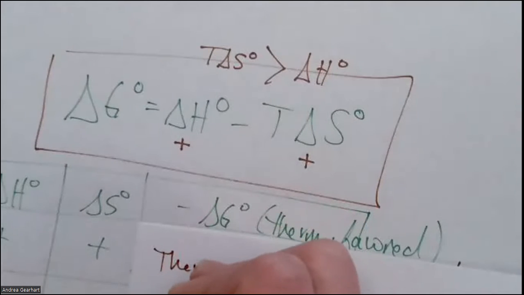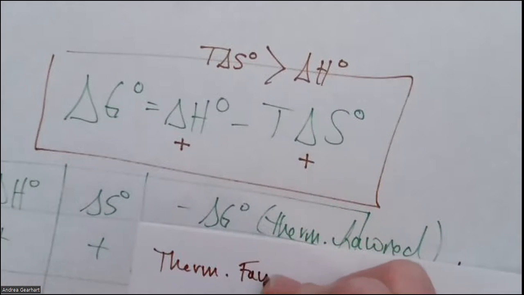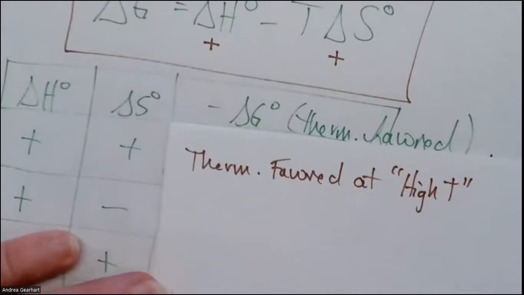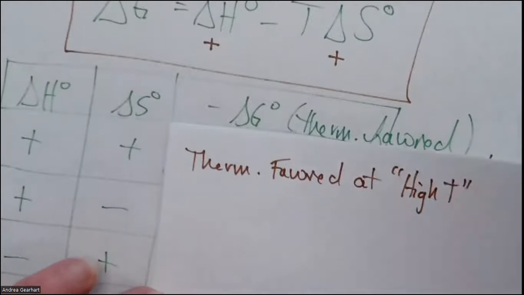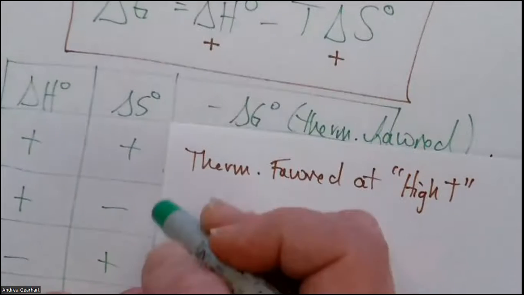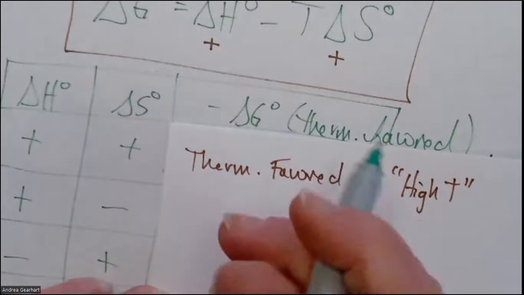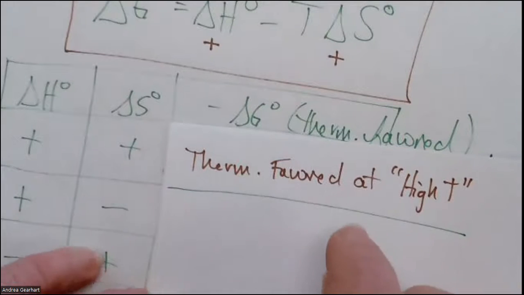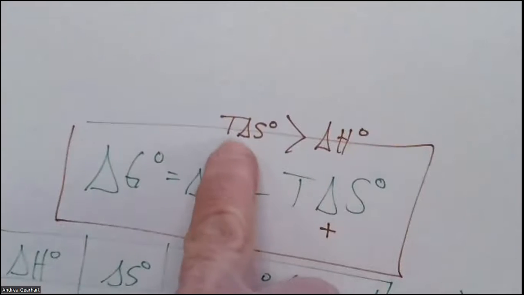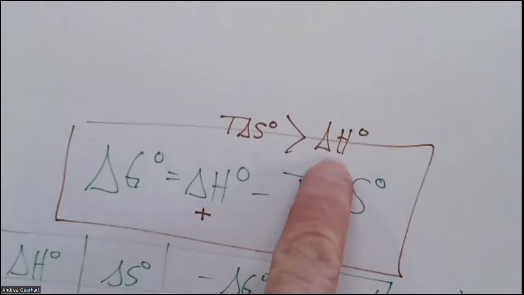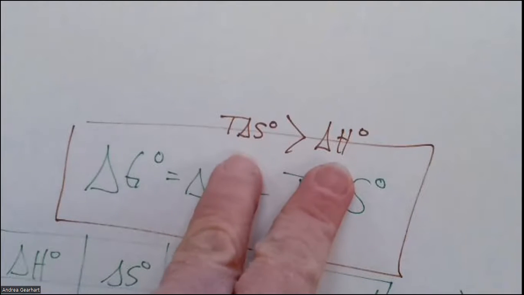We would be thermodynamically favored at, quote unquote, high temp. And we may say, well, how high? We would understand it would be a great enough value that would put this to be greater than that. We want it just enough so it's greater, not equal to.